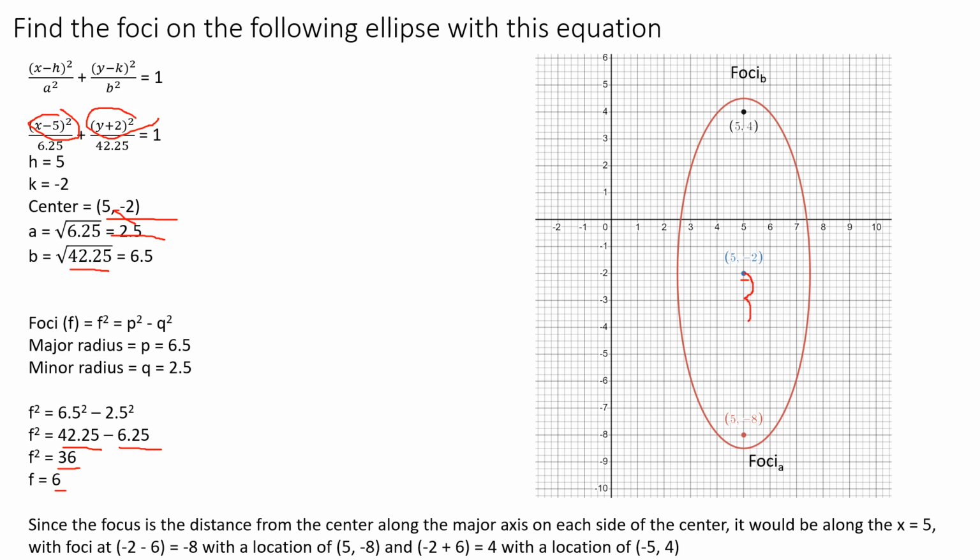Going down 1, 2, 3, 4, 5, 6, that puts it at negative 8. If I go this way, add 6 to the negative 2, 1, 2, 3, 4, 5, 6, so it's 5 and 4. Again, it's along the major axis, which is at the x coordinate of 5, but I go 6 up and 6 down because my focus length is 6, and that's from the center.